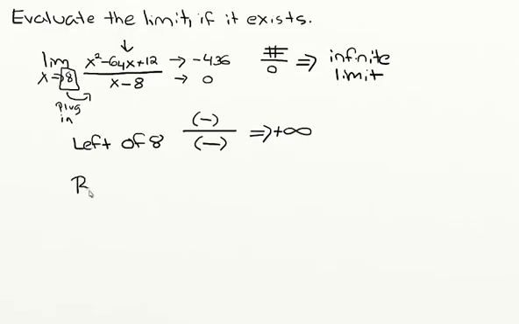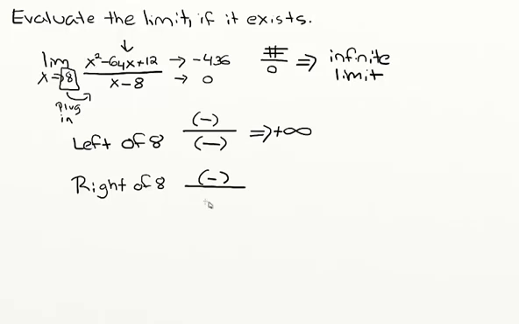Then from the right. So from the right of 8, notice that our numerator is still going to be large in the negative direction, right? Because for the 64x, again, we're plugging in something very close to 8 times 64, that's very big. And then that number squared, well, that's not going to be quite so big.